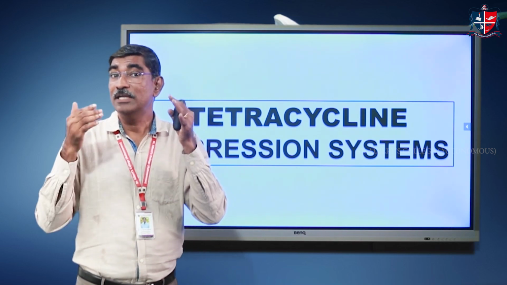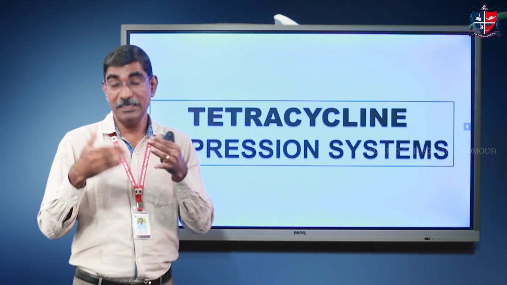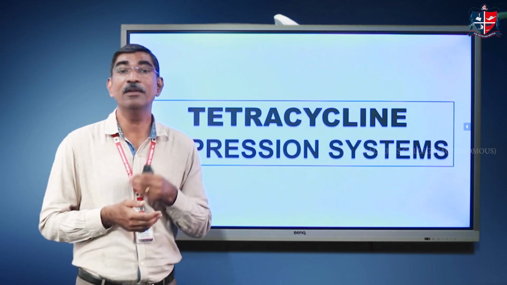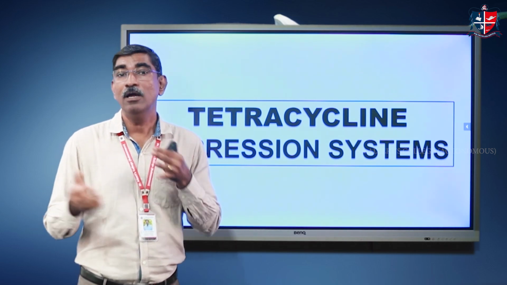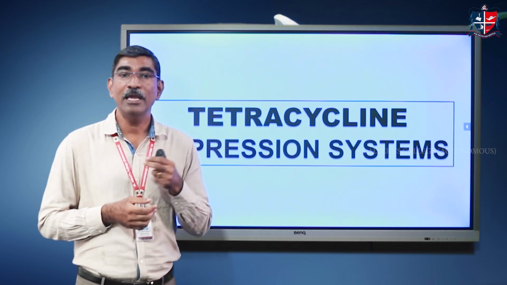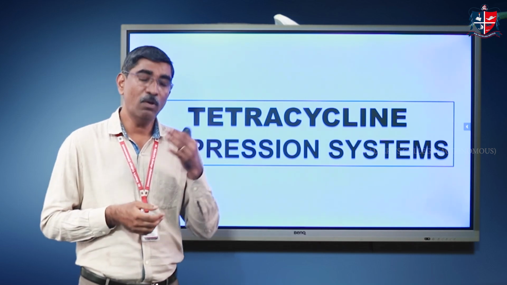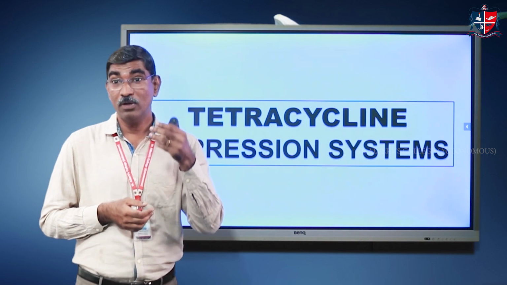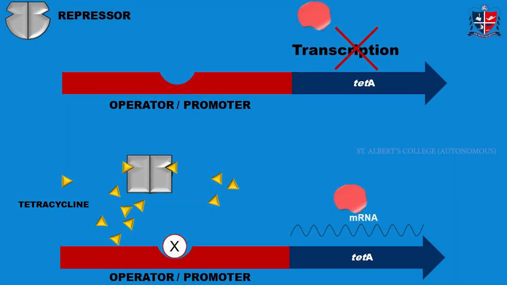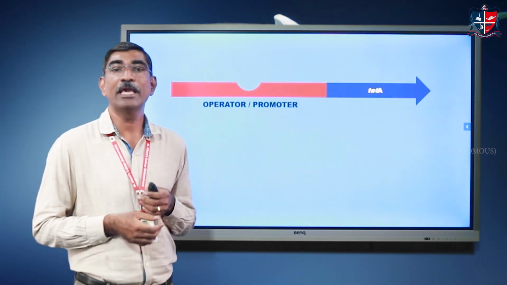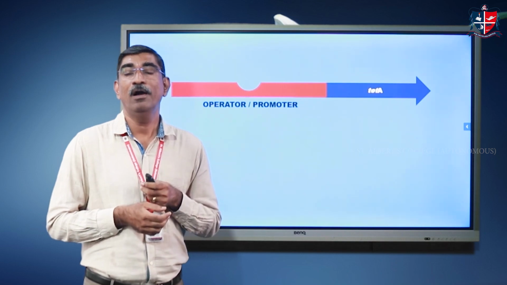And these tetracycline resistance associated genes are organized into an operon. And I am sure you are all familiar with the operon concept. Let us see this operon mechanism that is taking place in the case of this tetracycline resistance.